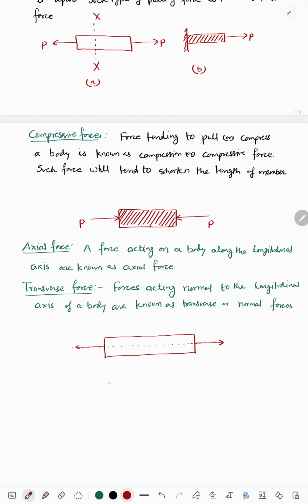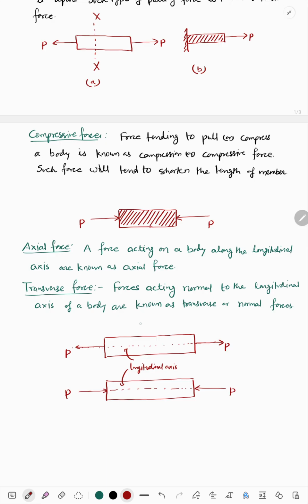This force may be compressive or tensile, so let us see both cases: one is tensile and the second is compressive. Let us call these forces P and P. And this is the longitudinal axis.